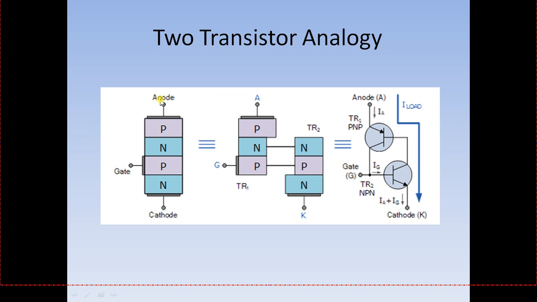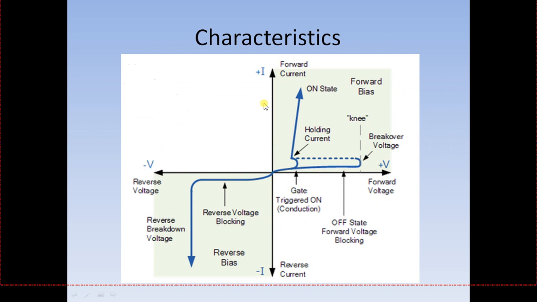Okay, so the Thyristor is a latching device. Once it gets latched to that current, we cannot use the gate signal to unlatch it. Okay, we'll see how to stop conduction in a Thyristor. Okay, let's go ahead. These are the characteristics or the VI characteristics of the Thyristor.